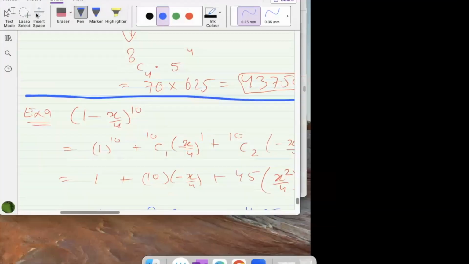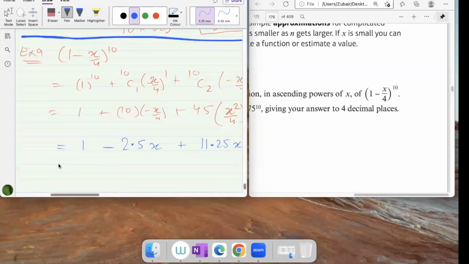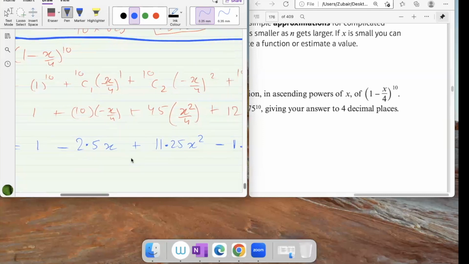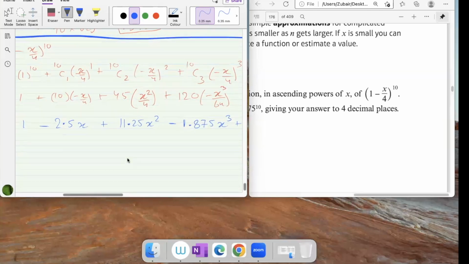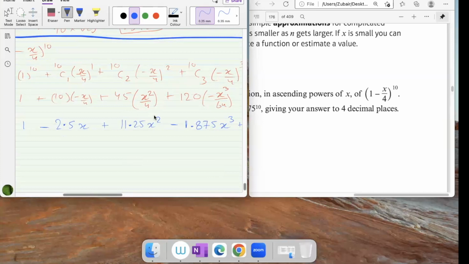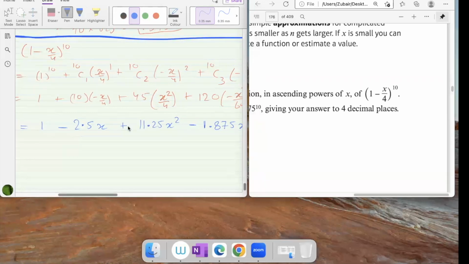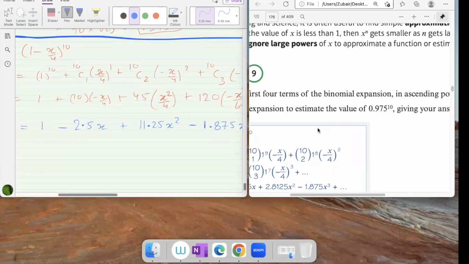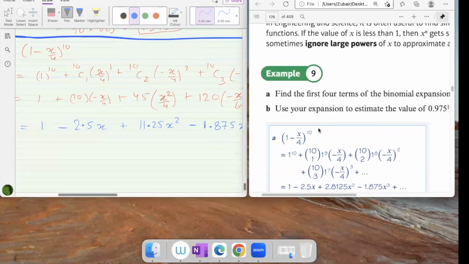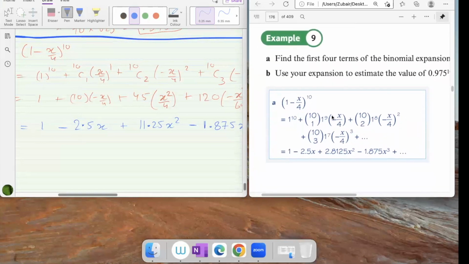So how did you get 11.25x squared? 45 by 4. Because in the book it says 2.8125x squared. It doesn't say 11.25x squared for the answer. Are you looking for the first part or second part? I'm looking at the explanation here for A part. Okay.